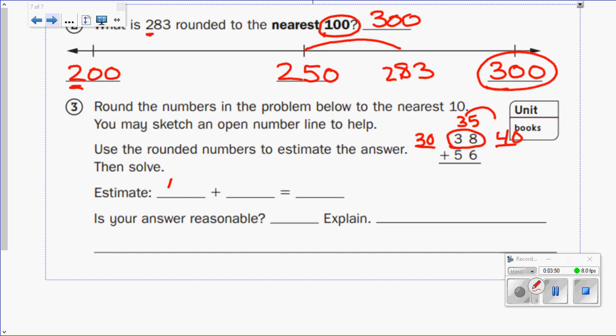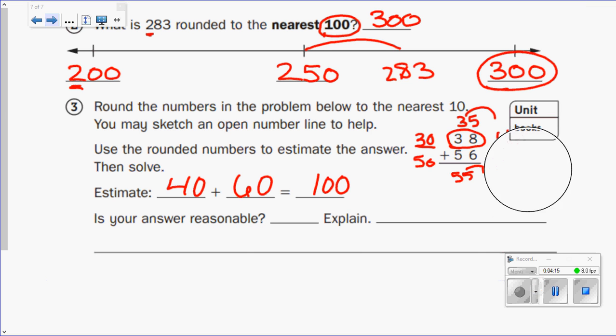So I would say 40 plus, and 56, I would have 50 and 60. 55 would be my middle. 56 is over here. So 60. So my estimate is going to be 40 plus 60 equals 100. And then I want to add up my actual.